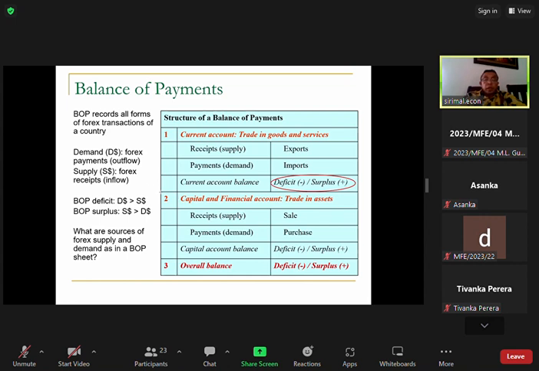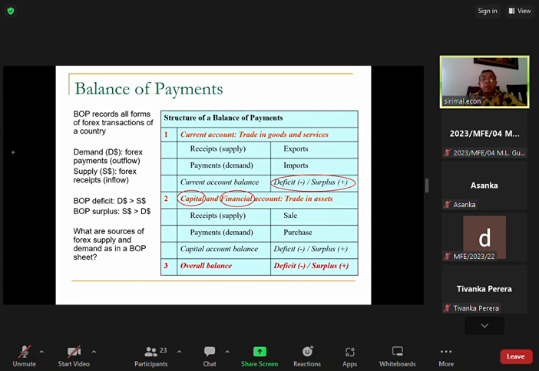The second account is called the capital and financial account. Why do we have capital and why do we have financial? The capital account explains transactions in real assets.